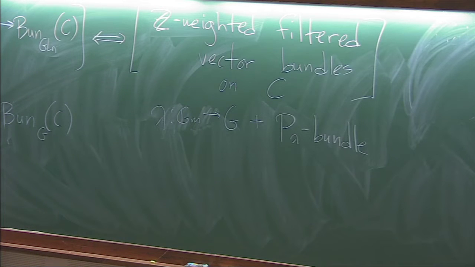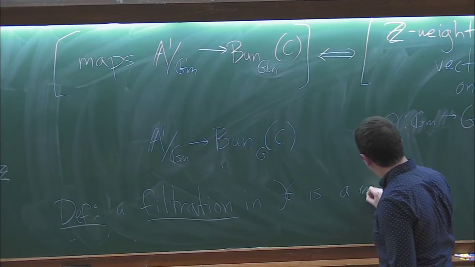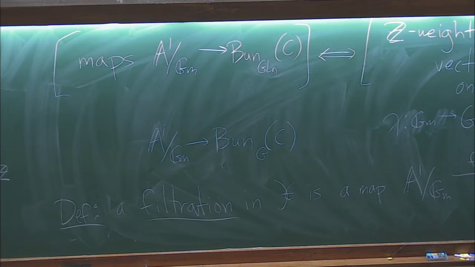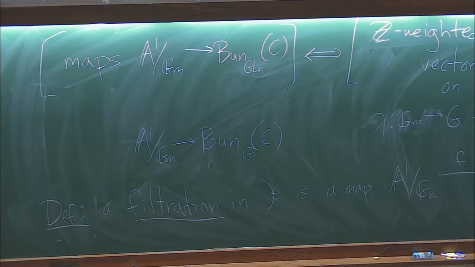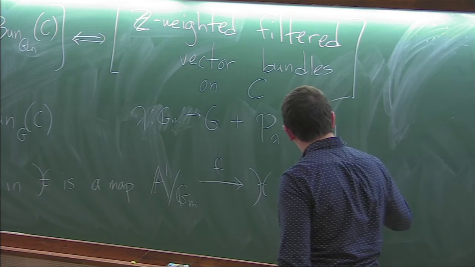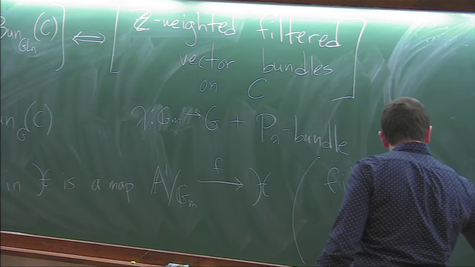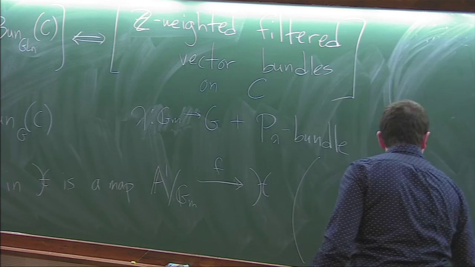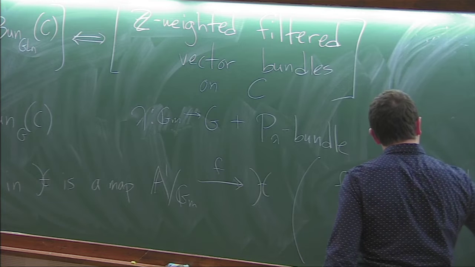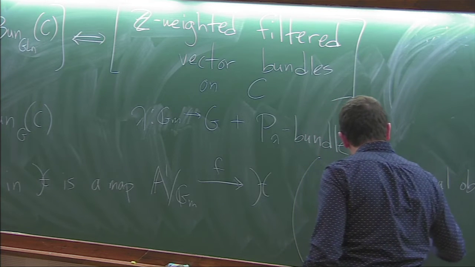Okay, so in general the definition is: a filtration in X is a map from A1 mod GM, mapping via F to X. And part of this interpretation is that this is a filtration of F of 1, which is the original object, and F of 0 is what we call the associated graded.